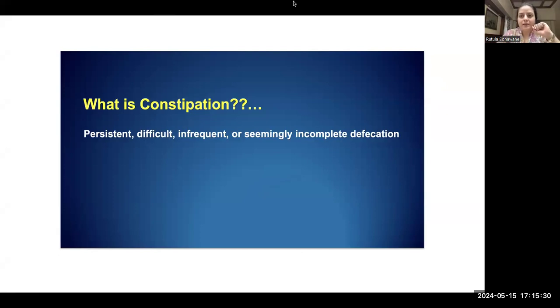So that is also categorized as constipation, right? So you have to ask them the history, whether it is their normal cycle. For some people, it is normal to pass stools every other day. So you have to ask them what their previous normal was, and whether this is differing from their daily routine, right?